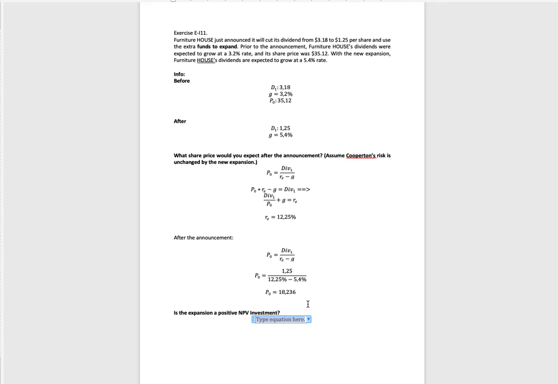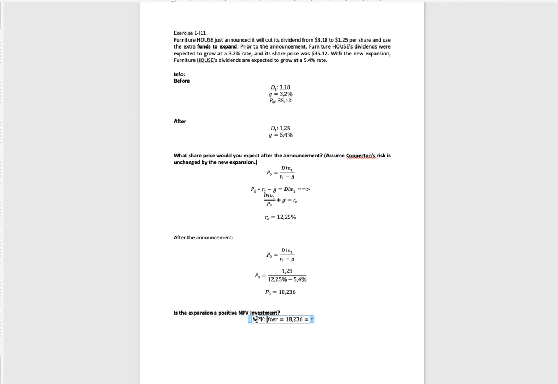We have no information about that, so the NPV, the value it creates or actually takes out of the company by these new changes, we obviously need to have before and after.